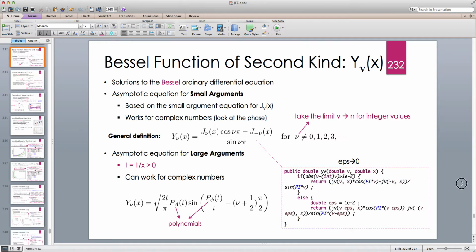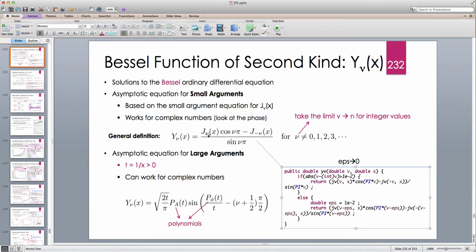And again, if x becomes complex, the definition doesn't change. So that's a plus in terms of implementing it this way. And else, if nu is an integer, with this threshold 0.01, I define the epsilon as 0.01. Then instead of evaluating the right-hand side at nu, I evaluate at nu minus epsilon.